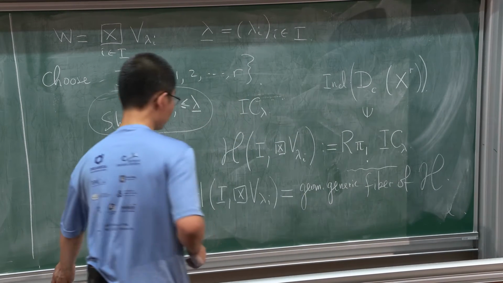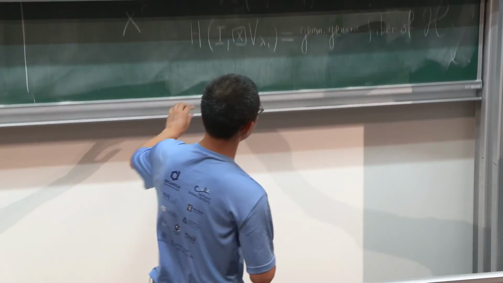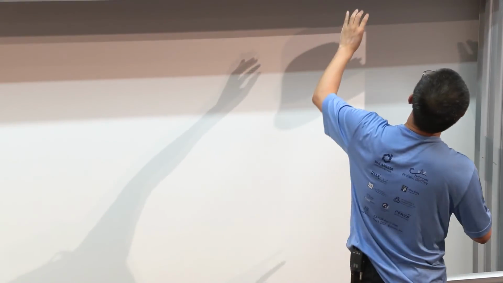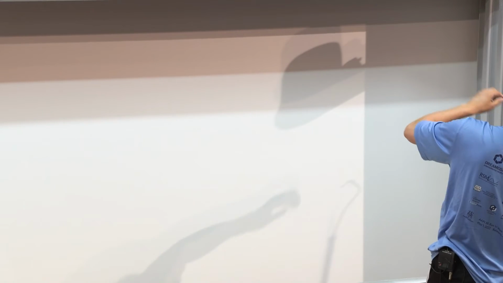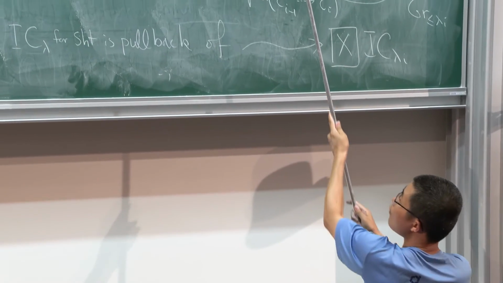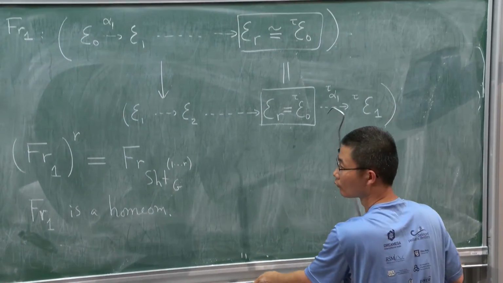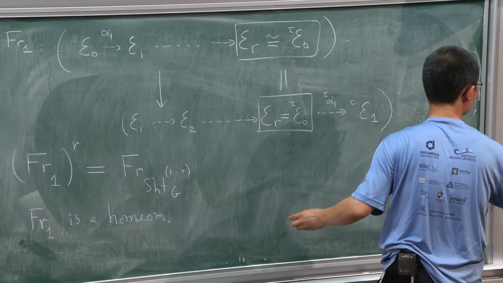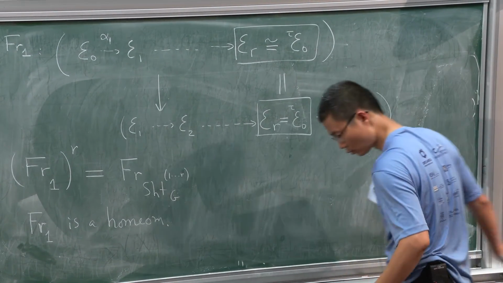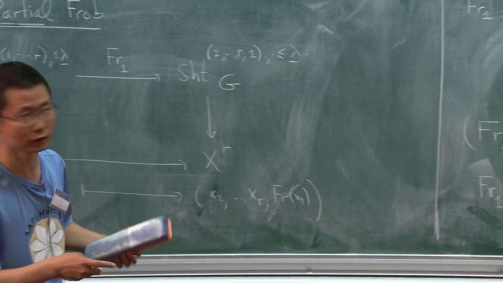That gives a vector space. This can still be spread over several degrees, so it's a complex of vector spaces. Can you repeat the question? What coefficients? It's the Q_l bar coefficients. Yeah.